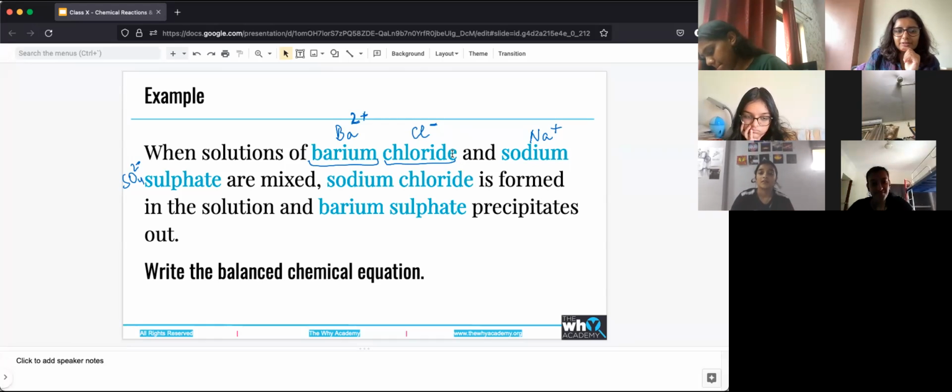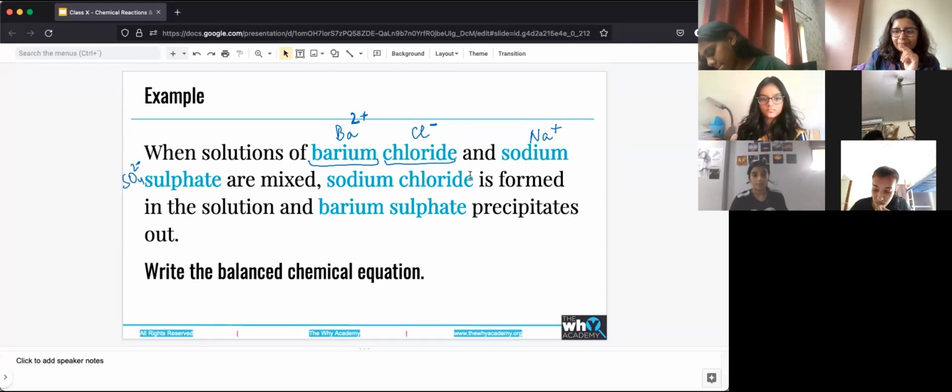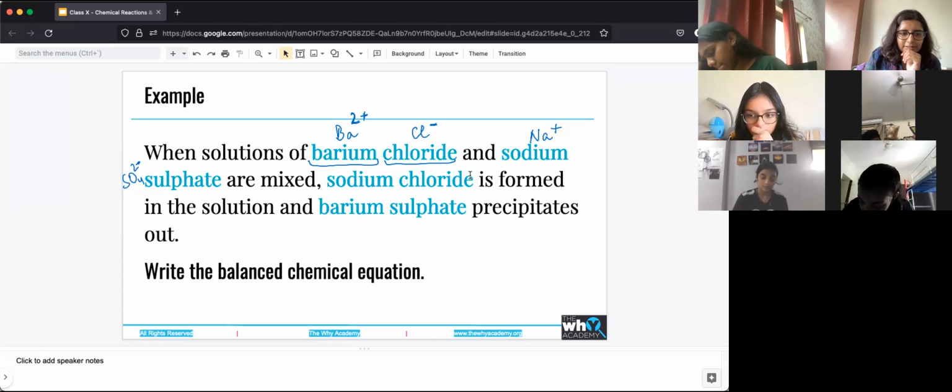Samriddhi, even sodium sulfate, you need to correct it. Sodium chloride also formed on the product side, you missed out on that. So Ashia, correct the equation and send it, and then you can try balancing.